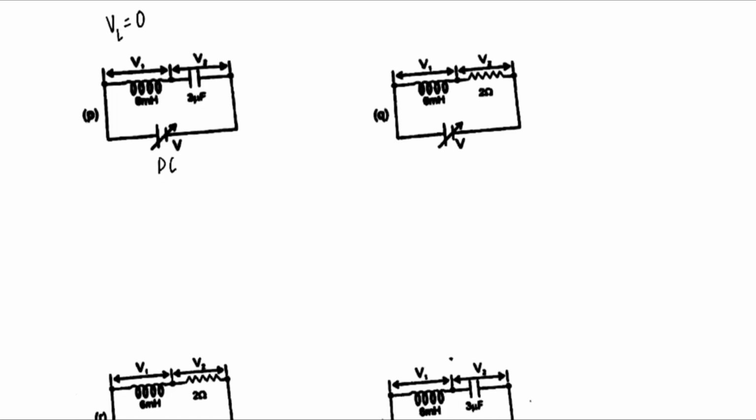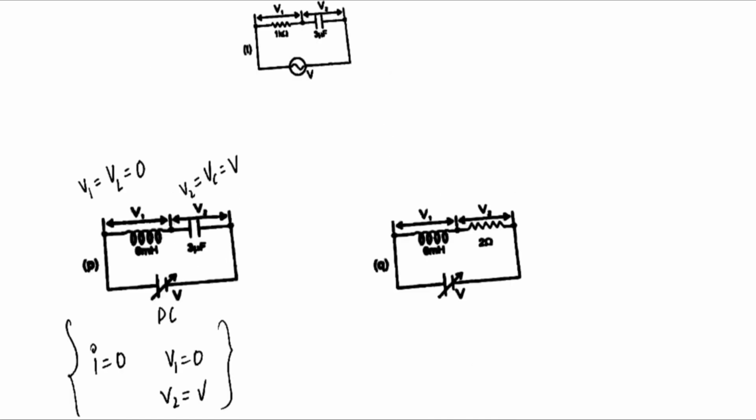So all the potential drop of the voltage source will be on the capacitor, so the capacitor potential drop will be equal to V. So V1 is equal to 0 and V2 is equal to V. And because a capacitor is connected in that circuit, and as we know that the current in a DC circuit with a capacitor is 0, I is equal to 0, V1 is equal to 0 and V2 is equal to V.